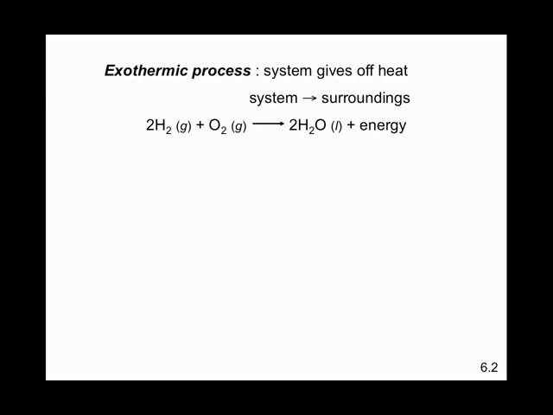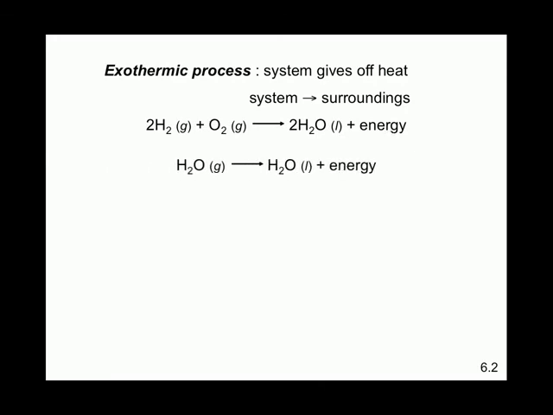We have hydrogen and oxygen gases combining to make water vapor, and then the water vapor is condensing into water liquid. So we can see the water liquid here, and then we have energy released. Sometimes you can recognize an exothermic process if you have an equation like this, because energy will be written on the right-hand side of the equation as if it's a product.